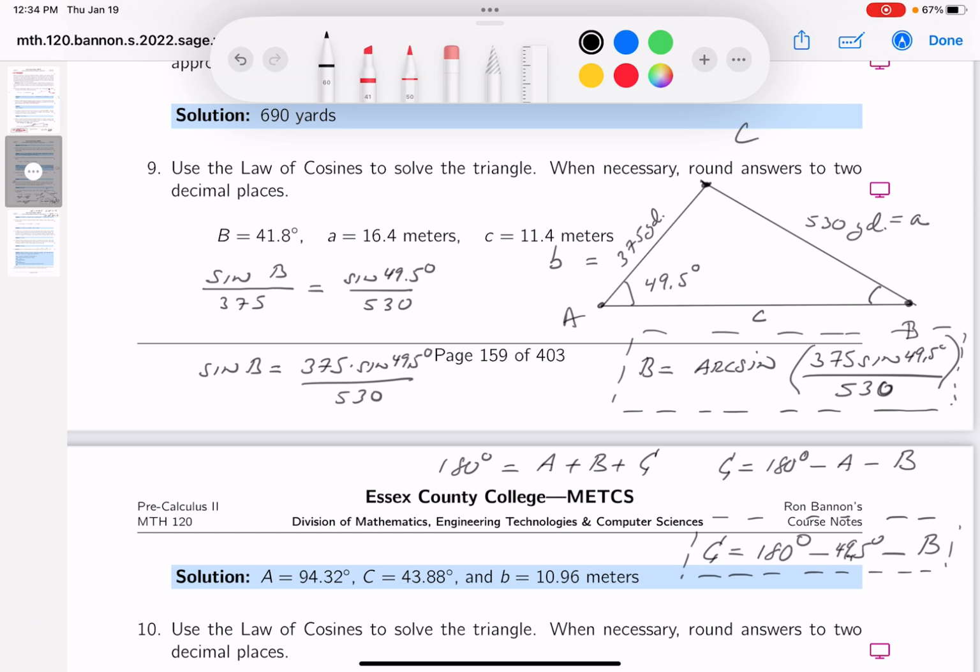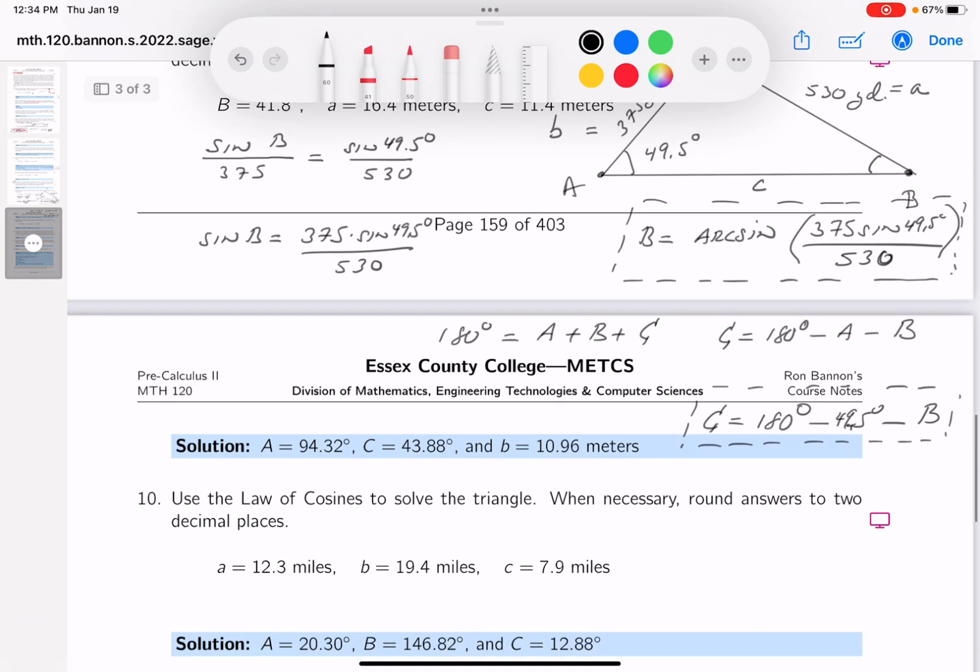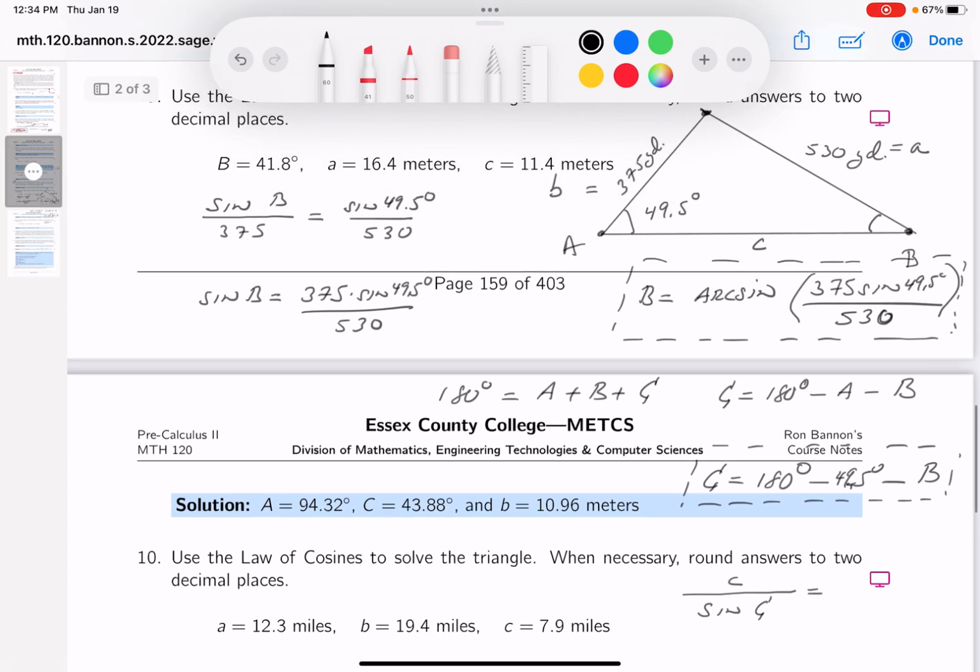How would I do that? Well, I'm going to use the law of sines. And let me write that down for you. So it's going to be the sine of C. By the way, I'm not writing down what C is. It's in the checkered box, by the way. Length C is equal to, well, let's take a look. Sine, nope, not sine, sorry about that. 530. That's 530 over the sine of 49.5 degrees.